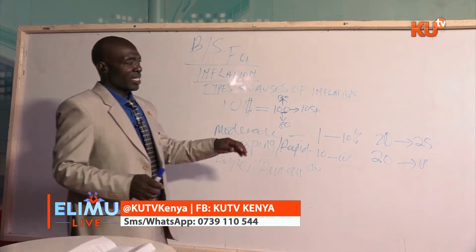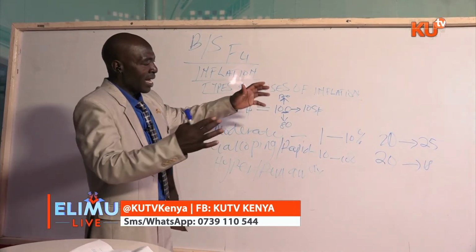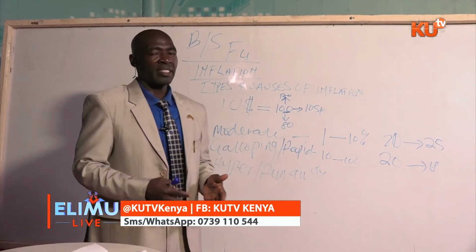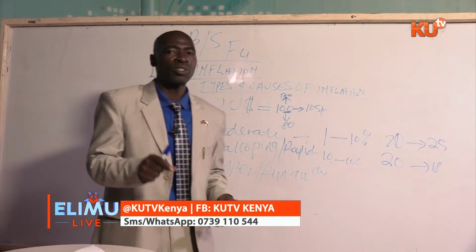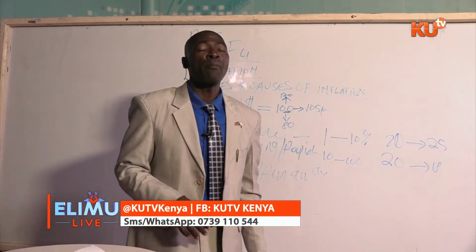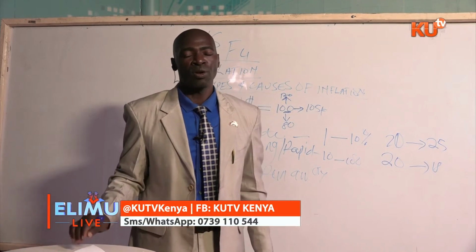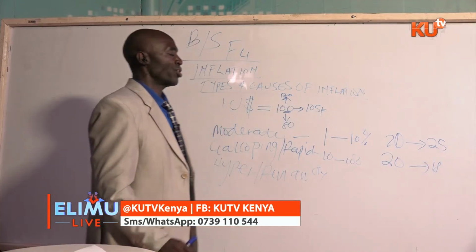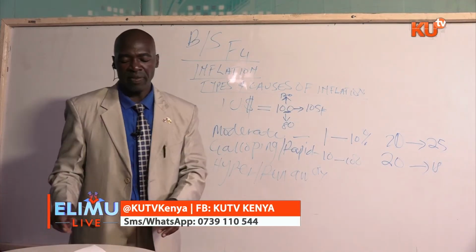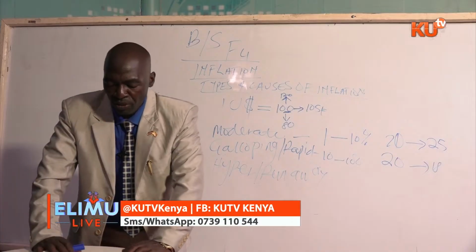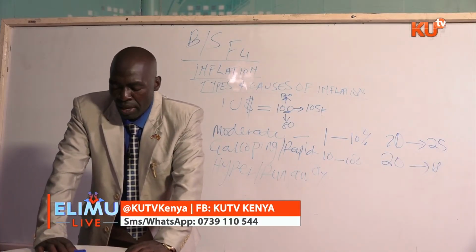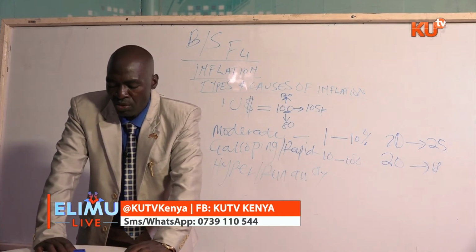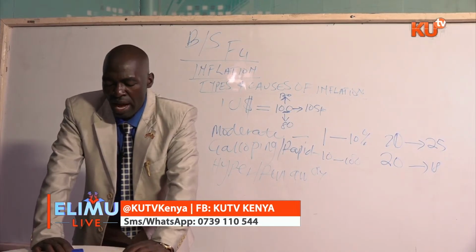A clear indicator that the local currency has started losing value, deteriorating slowly by slowly. That is a situation where you talk of the inflation rate going at a percentage of tens and hundreds.